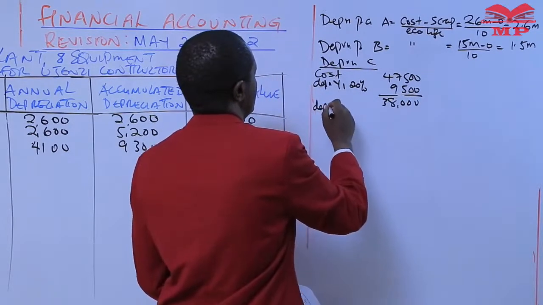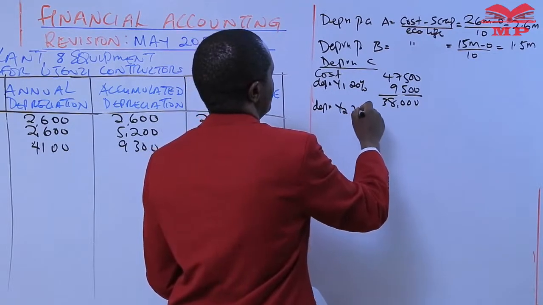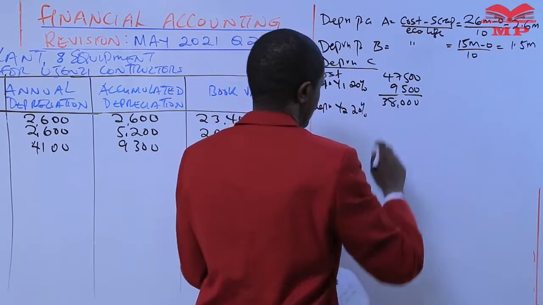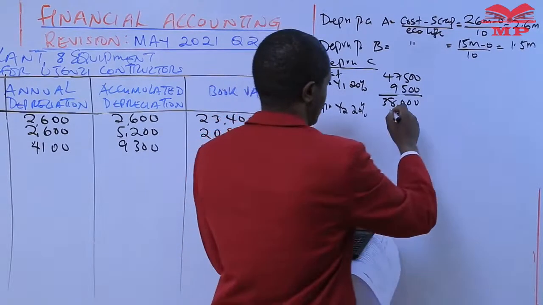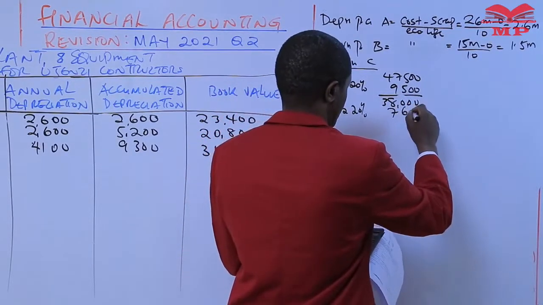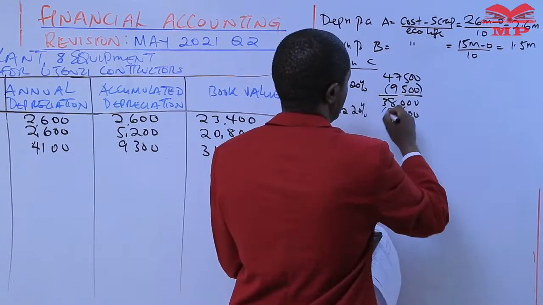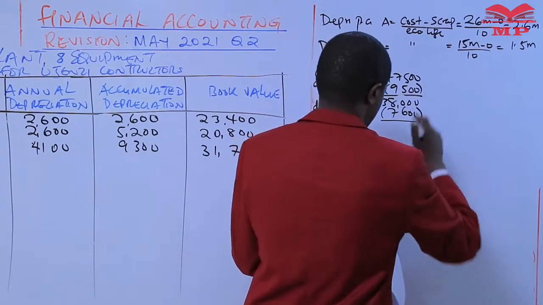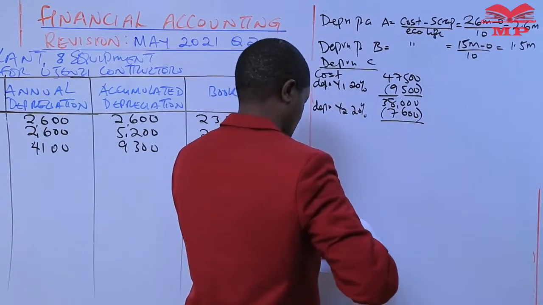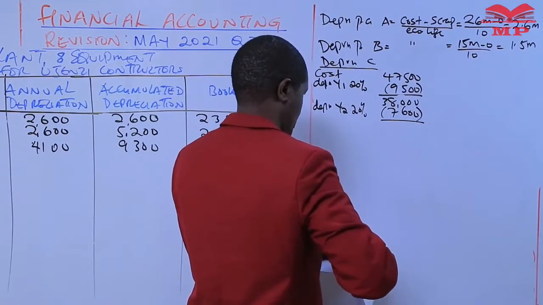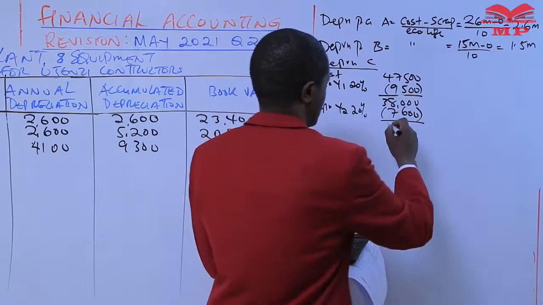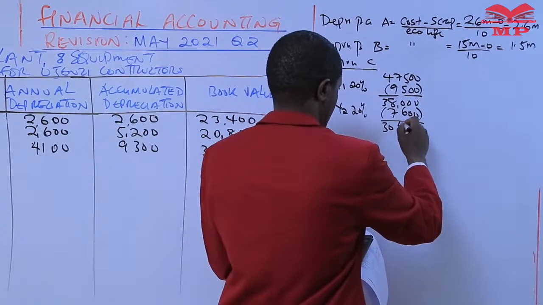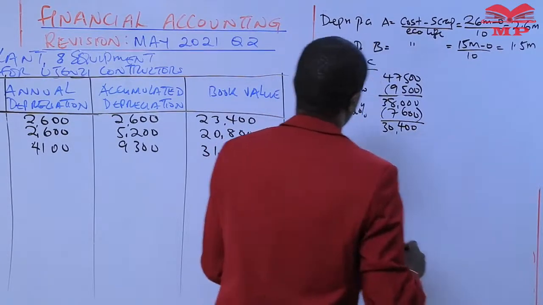Depreciation year two will be 20% of this amount. This will be equal to 7.6 million. We deduct: 38 million minus 7.6 is 30,400.